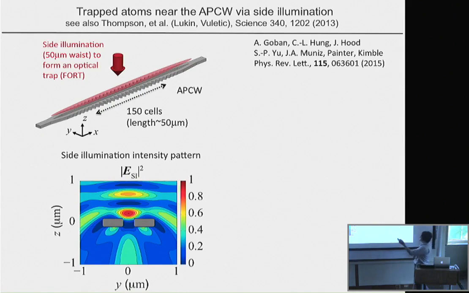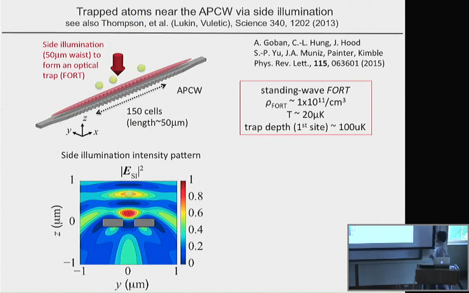Of course, we realized that the simplest way to trap atoms along this crystal is to directly shine the laser beam from the top of the crystal. There will be some amount of surface reflection from the dielectric structure, which forms an interference pattern. So you can use this as a trap for single atoms, or multiple atoms, along the structure.